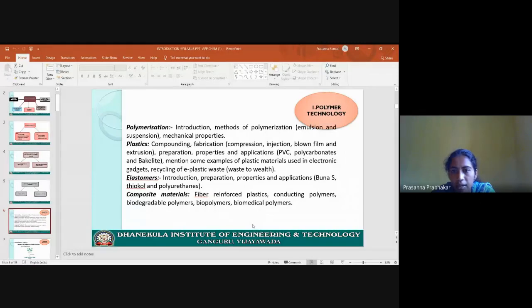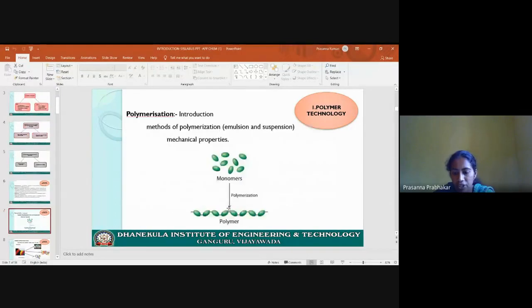Next, we go to the first unit, polymer technology. In this unit the main parts are polymerization, plastics, elastomers and composite materials. Now I will explain the polymerization topic.